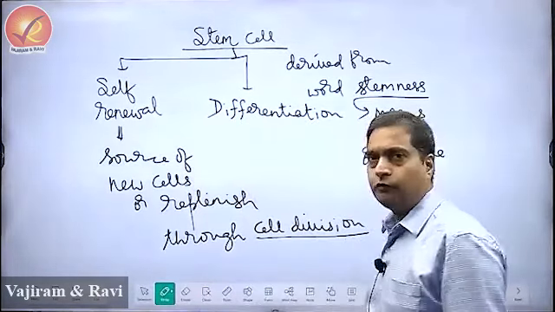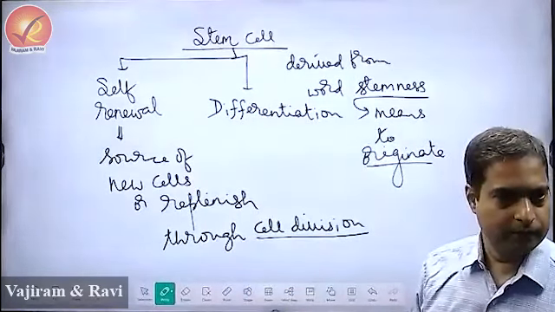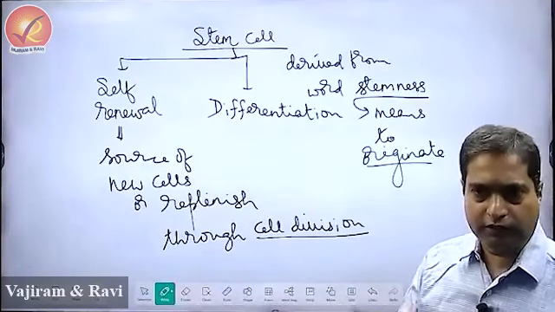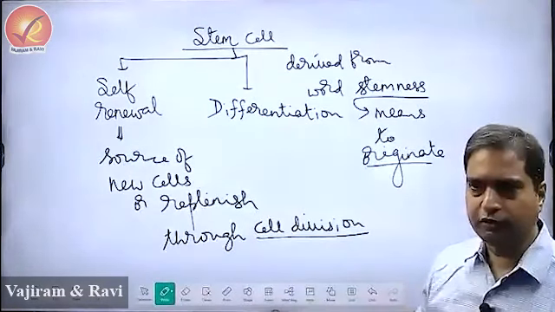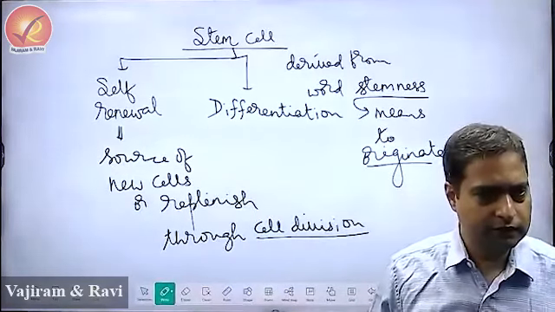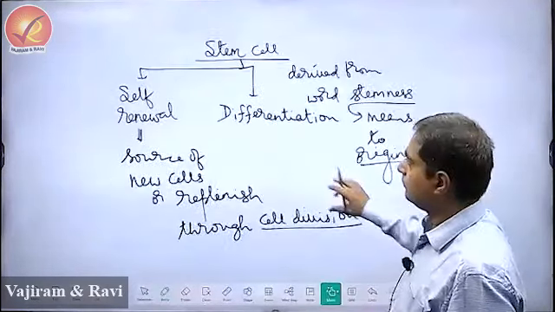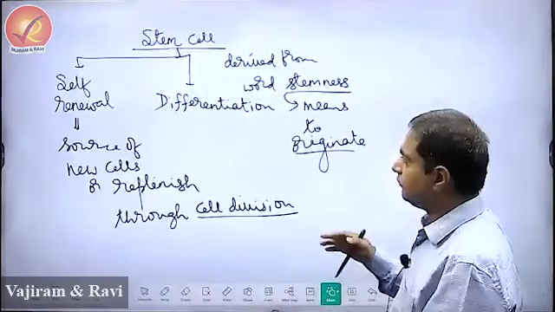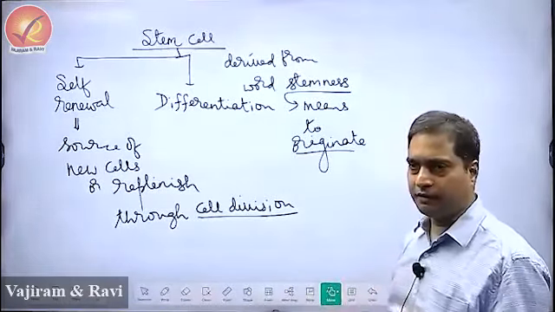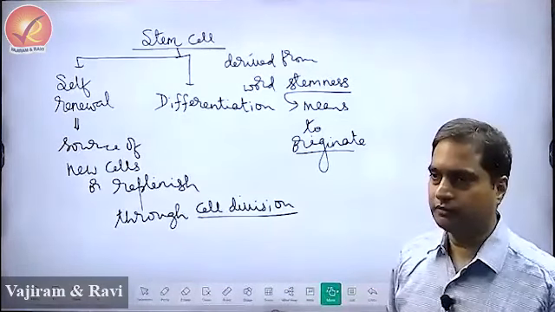Now for self-renewal, there should be continuous cell division in this cell. Then it will form new cells. It is replenishing new cells in your body. For this, there must be continuous cell division. So self-renewal means it can replenish, renew itself through continuous cell division.